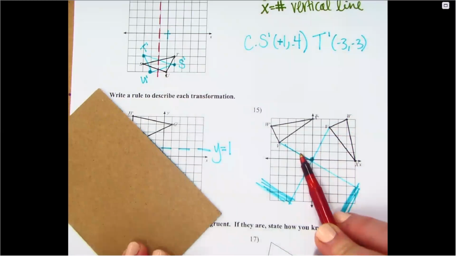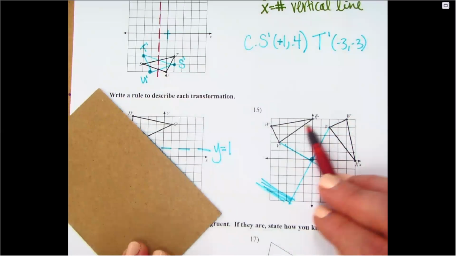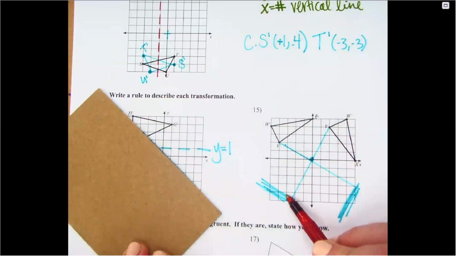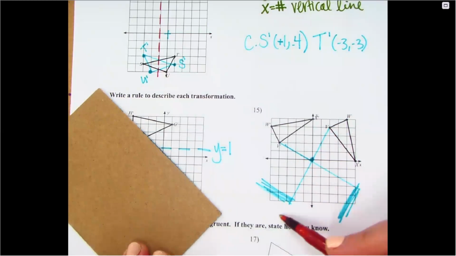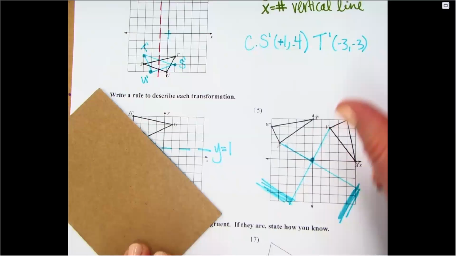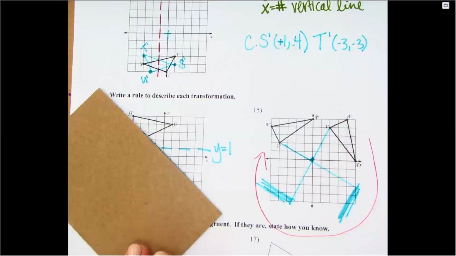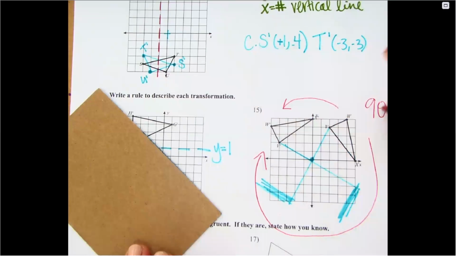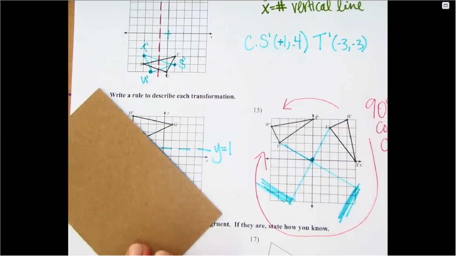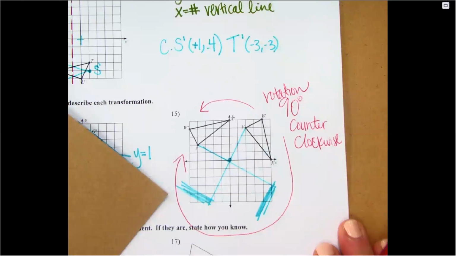From here all the way down here is 180, which is why you have a straight line. If you went this direction, you're right, it would be 270 degrees. But what if we went this way? 90 degrees. That's right, and that's your answer: rotation, 90 degrees, counterclockwise.